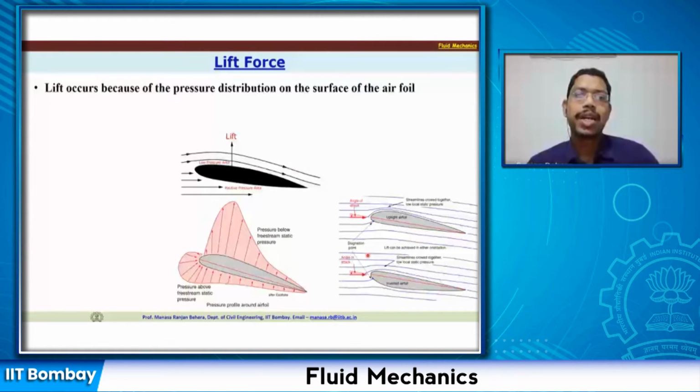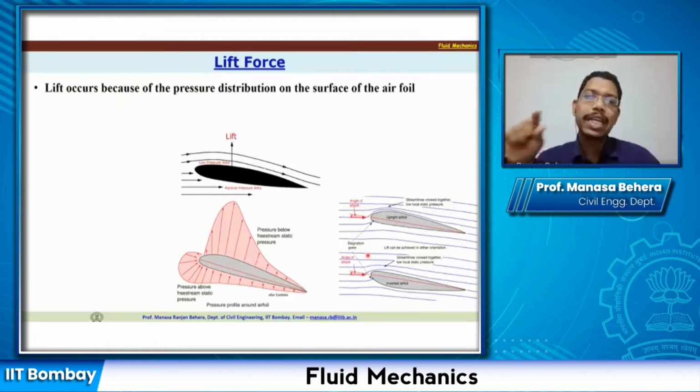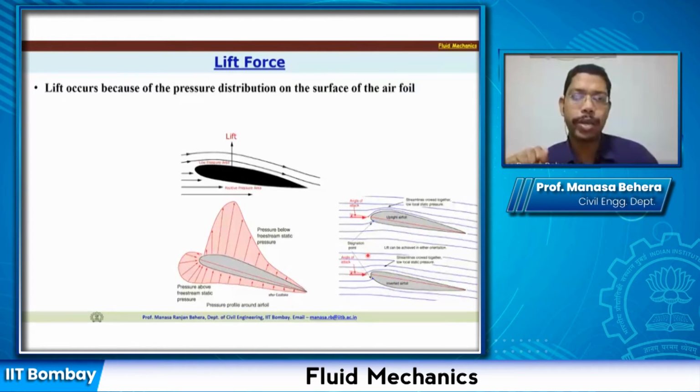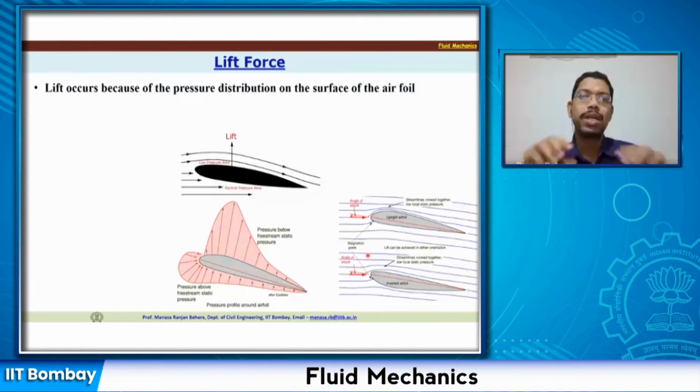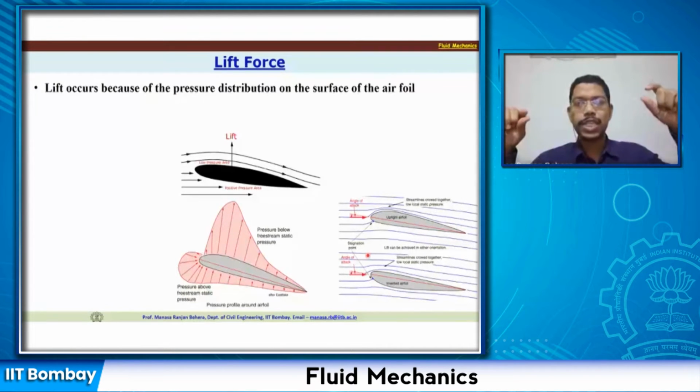Now let us understand how this lift force is generated. Lift occurs because the pressure distribution on the surface of the airfoil is different. If I take a uniformly or symmetrically aligned body, one airfoil which is symmetric on both sides, what happens if it is held parallel to the flow?